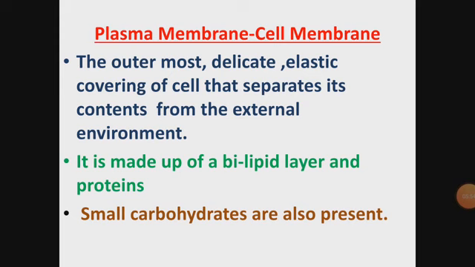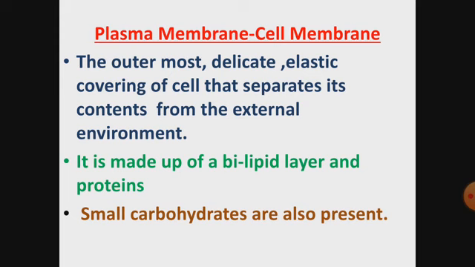So starting with the plasma membrane, it is also called cell membrane, or it is also known as plasma lemma. Plasma membrane is the outermost delicate elastic covering of the cell, especially the animal cell, because in plant cell, outermost will be the cell wall. It separates its content which is present inside the cell from the external environment.